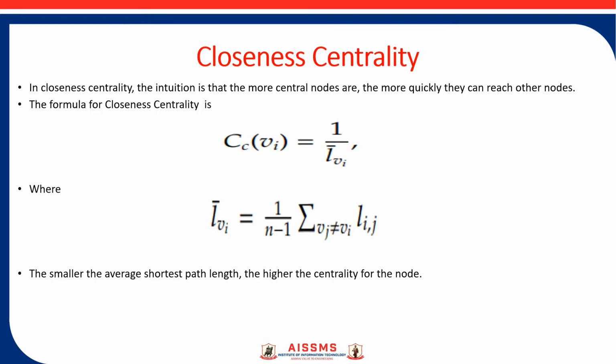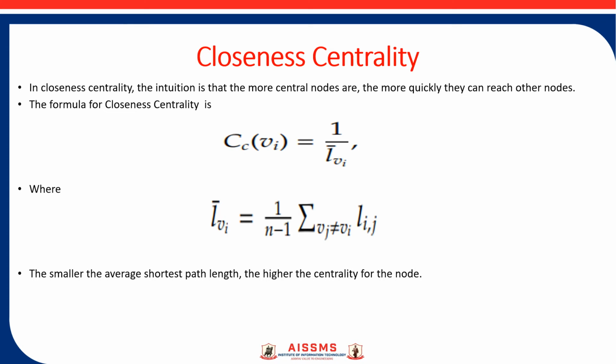The intention behind closeness centrality is that if we are able to find a more central node, then the more quickly information can spread in the network. The formula to find the closeness centrality is given here, where C(v) is the closeness centrality of each and every vertex that exists in a network.